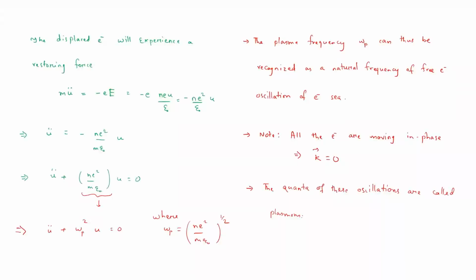So what are plasmons? Plasmons are collective oscillations, and these are also called volume plasmons.